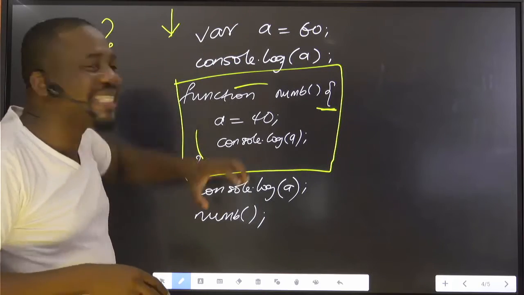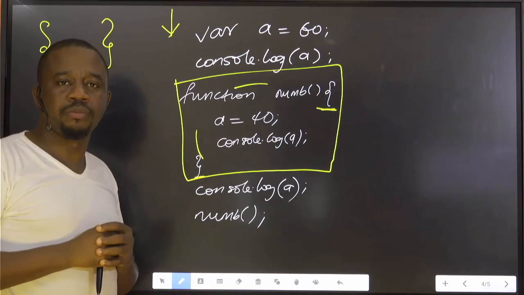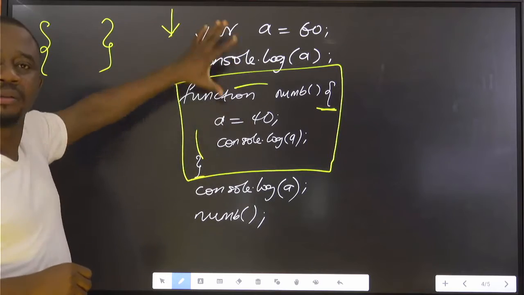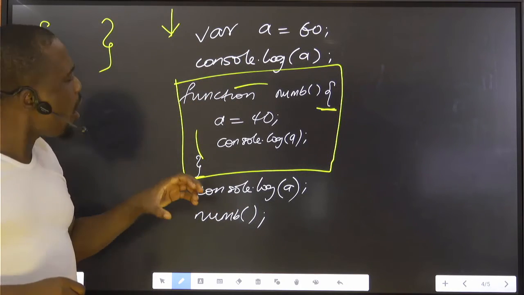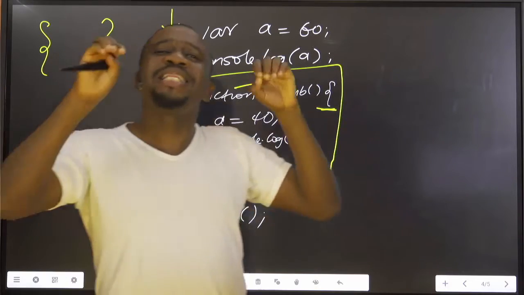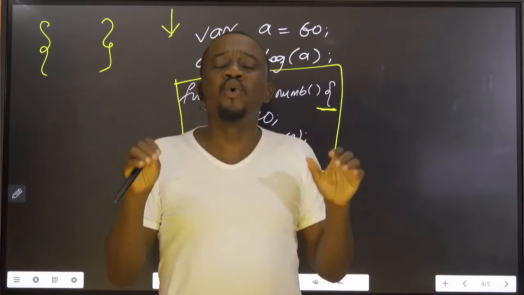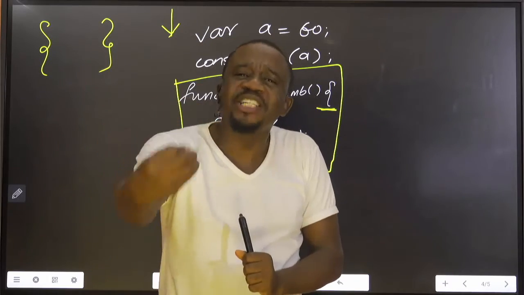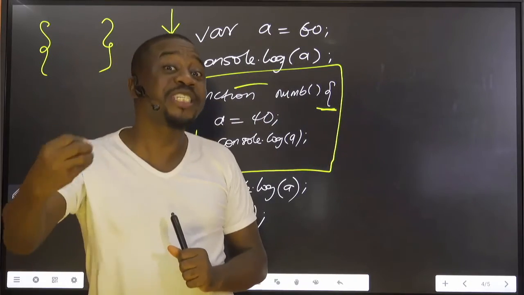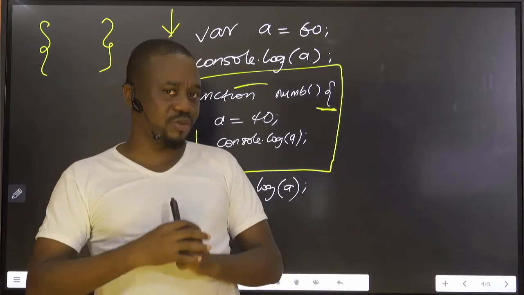These are called what? The global scope. These are what? Global. Not inside any block. So, we are using these two things. That is, we are looking at this global and local scope on definition of what? Variable.